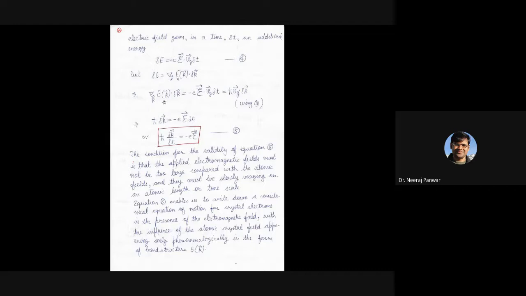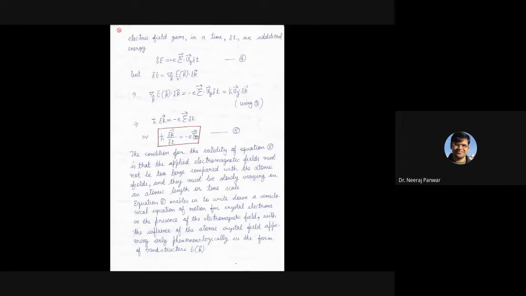So in place of del K Ek, we have written H cross Vg and dot dk. So Vg and Vg would cancel out. H cross del K is equal to minus E del T, or we can write H cross del K over del T is equal to minus E.